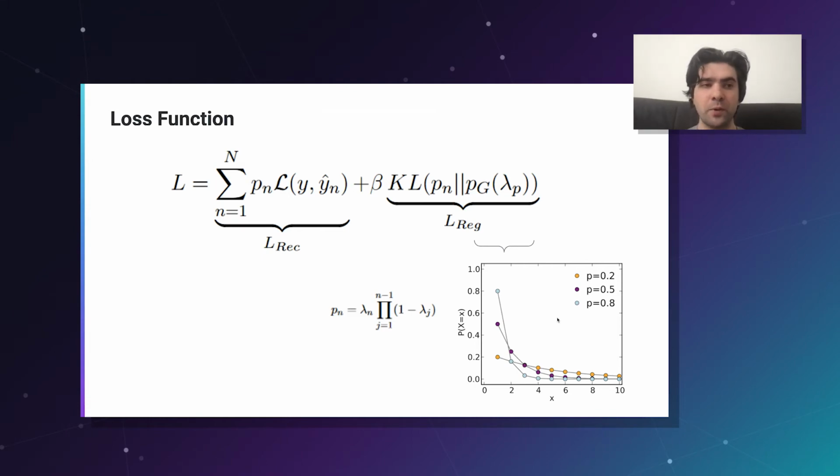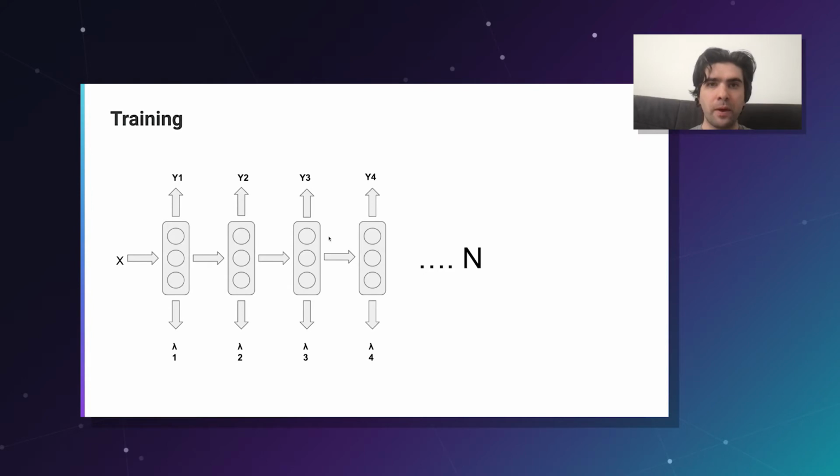So with that being said, we do need to enforce an actual maximum number of time steps. When we look at this actual training function, what we'll do is unroll the network to some maximum n. In the paper, they choose n of 20 to be their maximum step number.